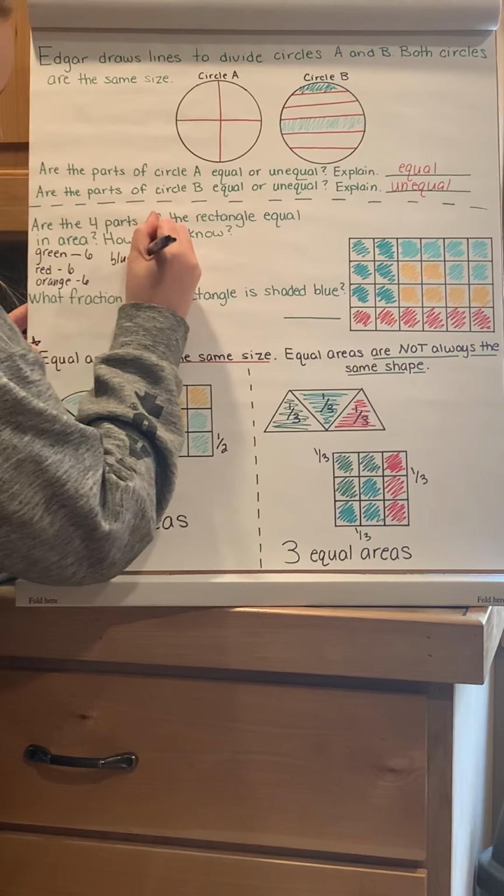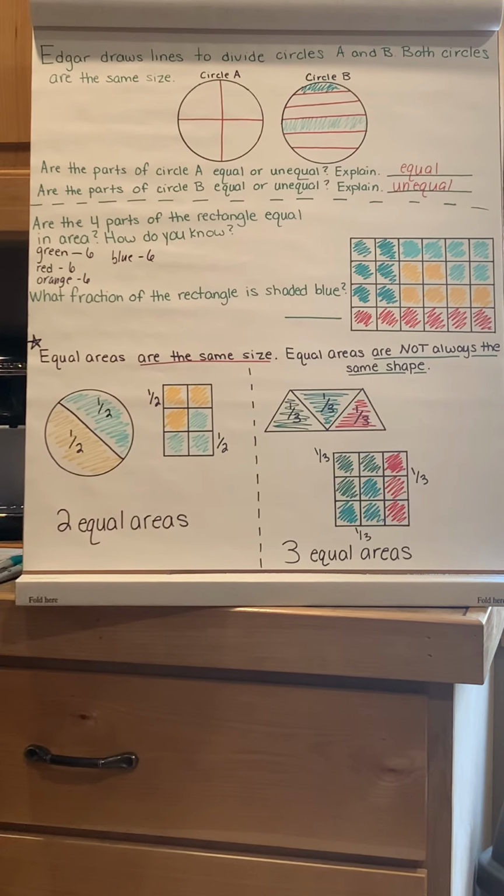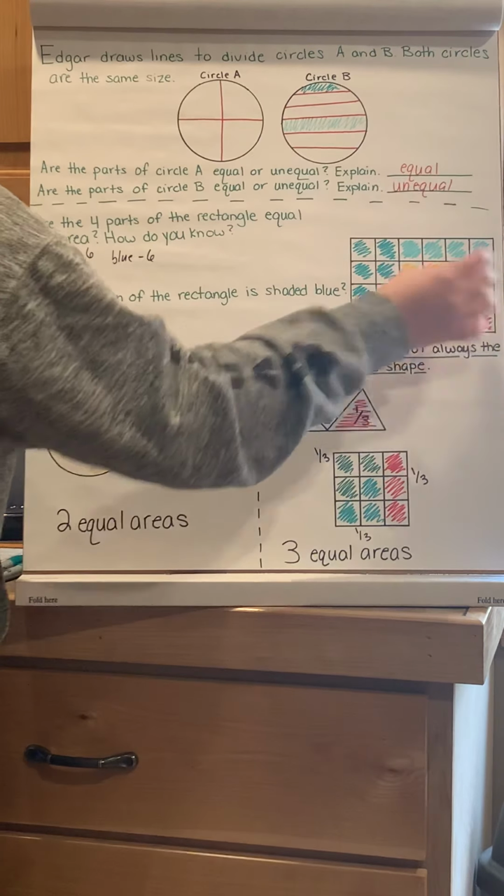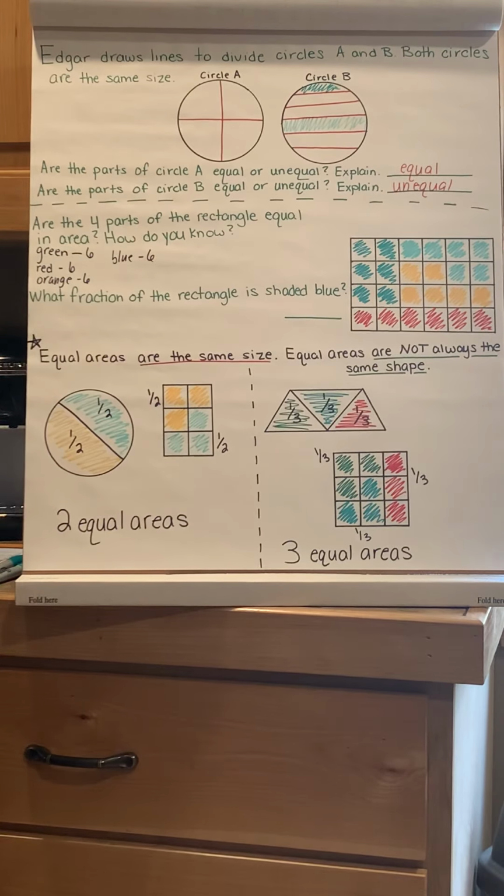So do all of the parts of this rectangle, all 4 colors, do they have an equal area?